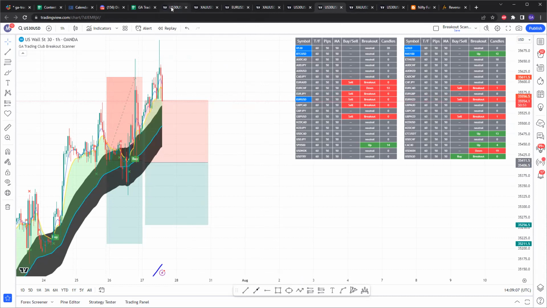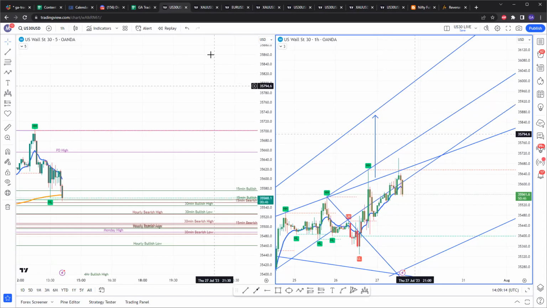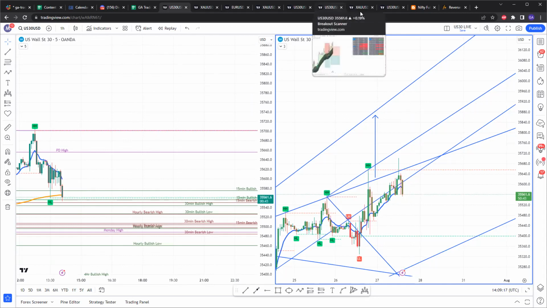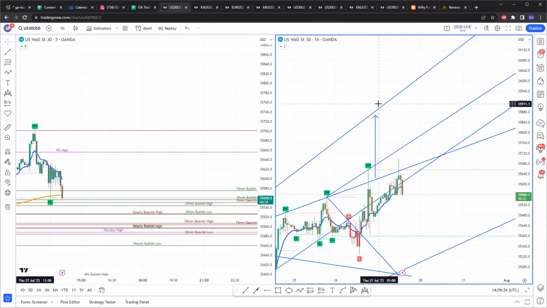And lastly for US 30, keep in mind it doesn't have to go to this trend line. As much as I mentioned 35,800, which is why I'm referring to you guys using the breakout scanner and the daily time frame, US 30 does not have to come to 35,880. This can be the final trend line it touches.